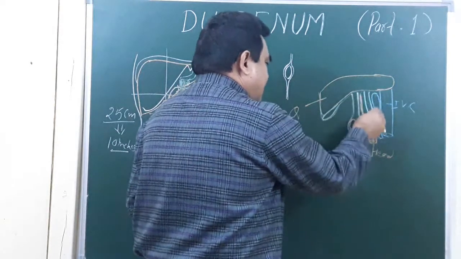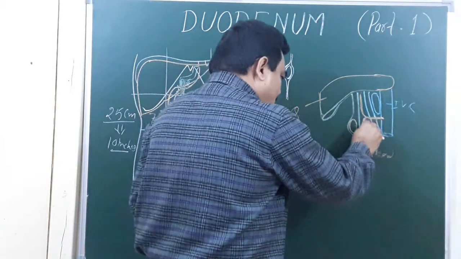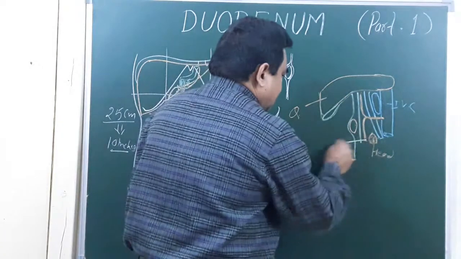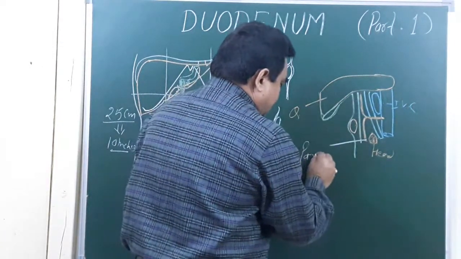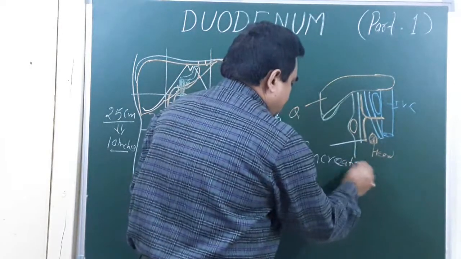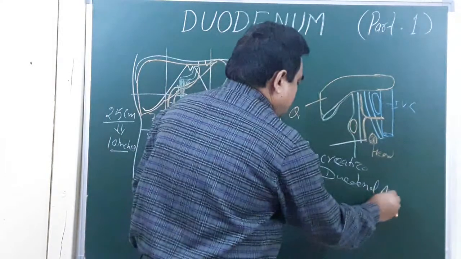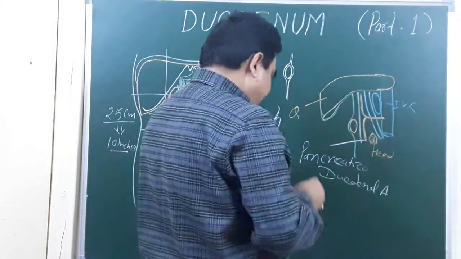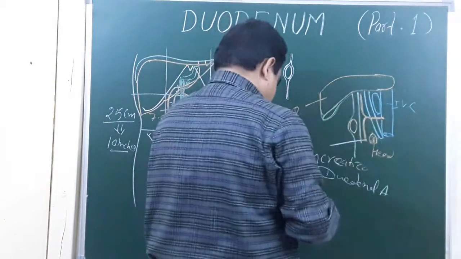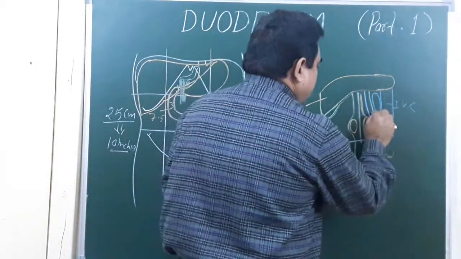It gives the hepatic proper, and this is the pancreaticoduodenal artery, and then this is the portal vein.